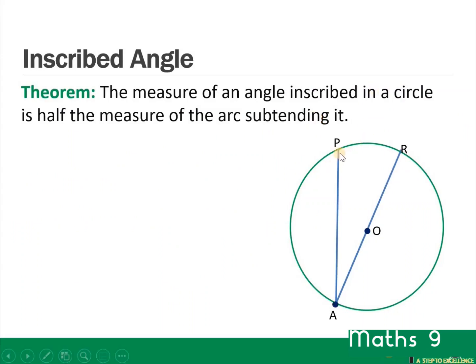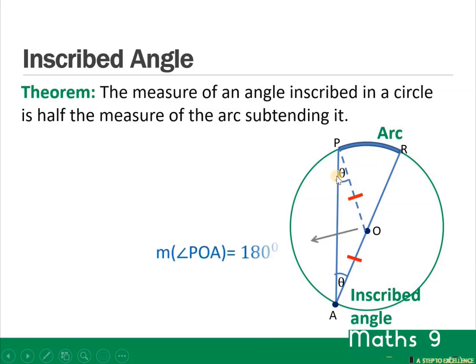On the diagram, we have the line PA and the line AR. This angle here, PAR, is the inscribed angle, and this arc here, PR, is the arc subtending it. Let's turn this into an isosceles triangle made up of 2 radii. So this angle here is also theta.